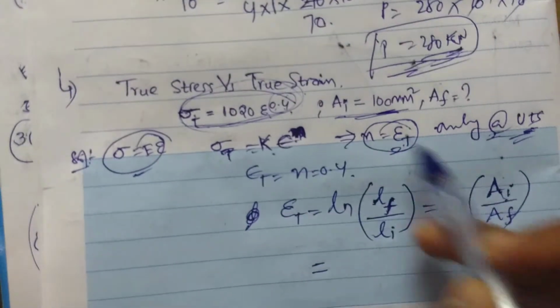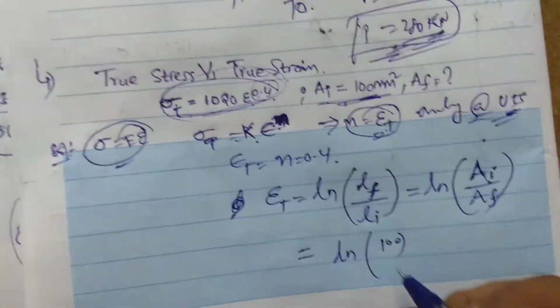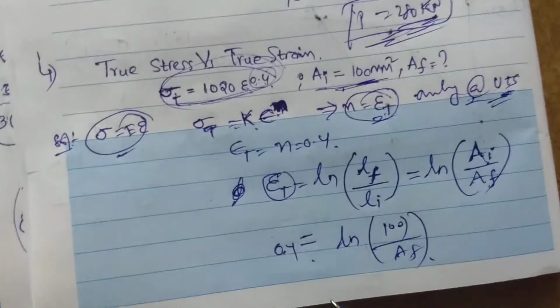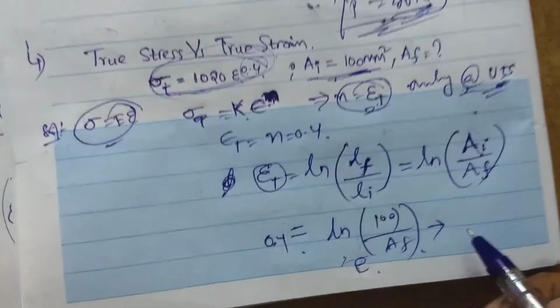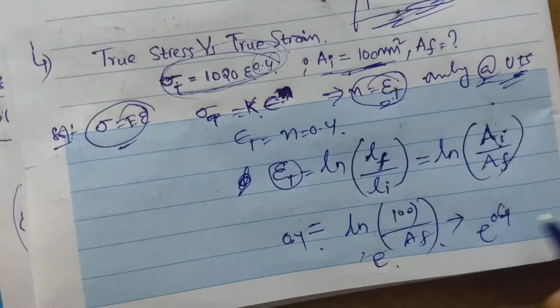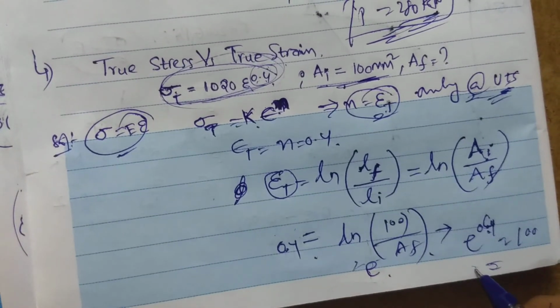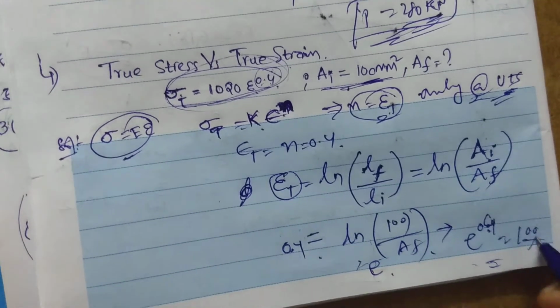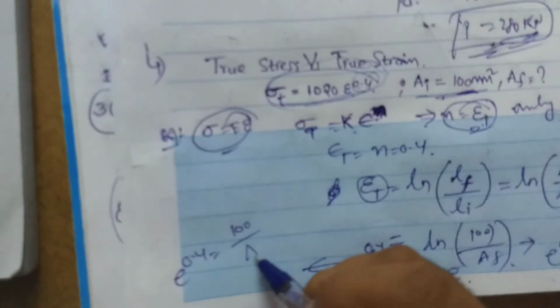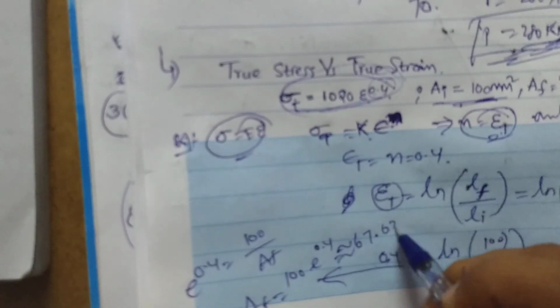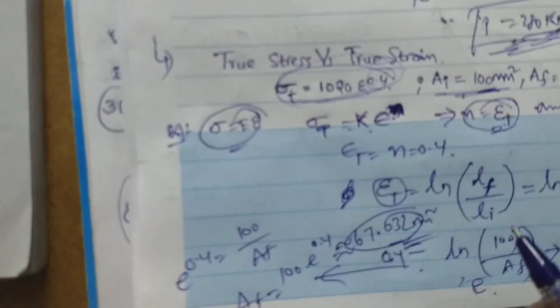Now area initial is given, 100 by AF, and the strain value is 0.4. So here the base is e, so e power 0.4 is 100 by AF. So AF is equal to 100 into e power 0.4, which is around 67.032 mm square. Okay, this is the final value.